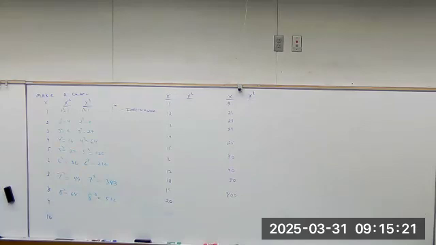So if you know your powers of 2, you know your powers of 8. If you know your powers of 2, you know your powers of 4. If you know your powers of 2, you know your powers of 16. Because 4s are powers of 2, 8s are powers of 2, 16s are powers of 2. So if you know your powers of 2, you know a lot. If you know your powers of 3, you know your powers of 9.